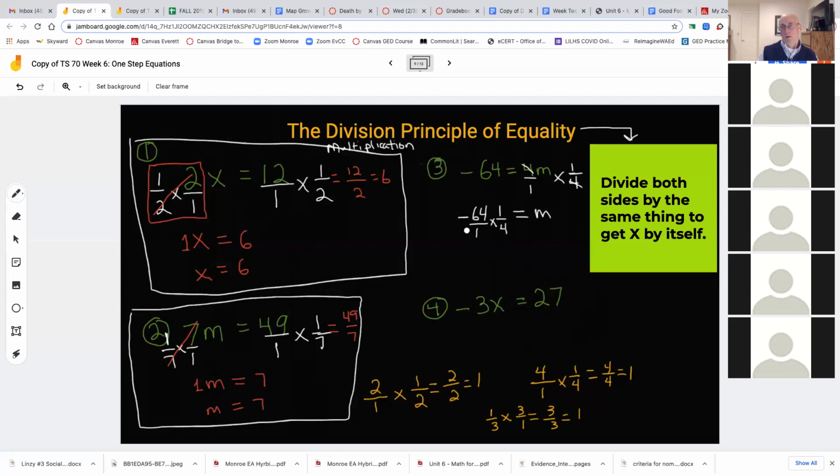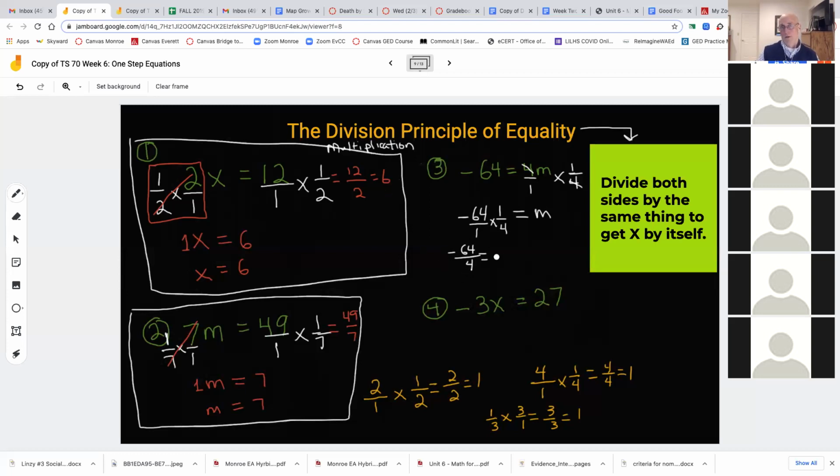For negative 64, if I multiply, I've got negative 64 over 4. How many times does 4 go into 64? You got your calculator? See what you know? 64 divided by 4 equals 16.